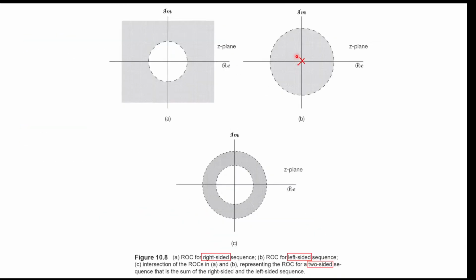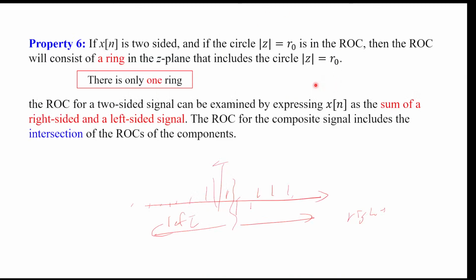And here I should mark the infinity point with a question mark, so infinity might or might not be inside your ROC. And this 0 point, although it looks very small, might actually be a pole for your big X of z. And finally, we have a two-sided function. So if a signal is a two-sided function, then your ROC will be a ring in the z plane.